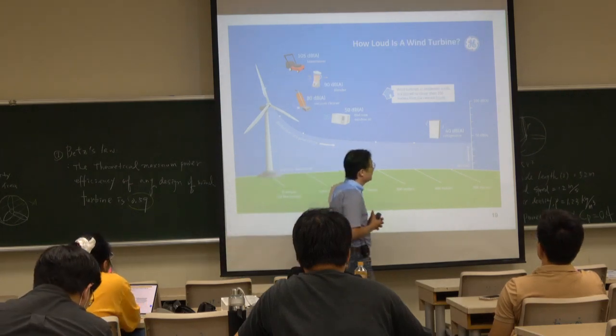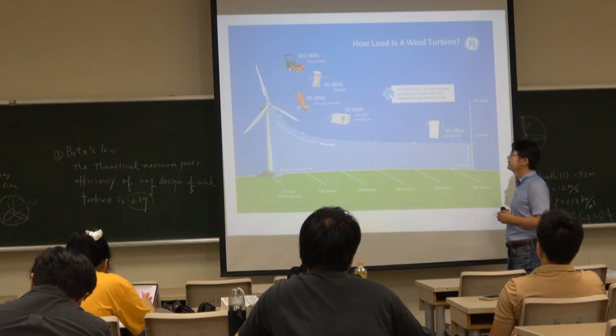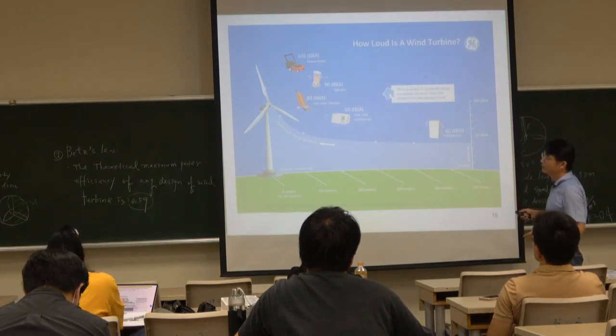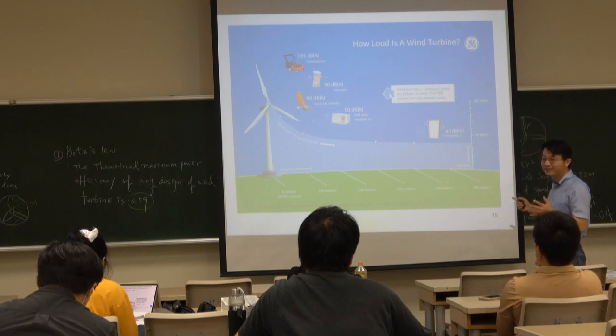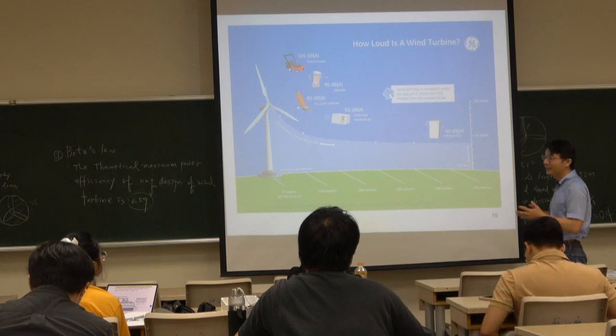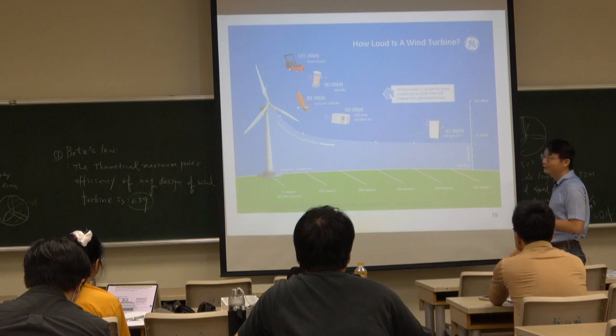the technology is quite well known and well established. Okay, it is not difficult, but the problem is the loudness. It is quite loud, noisy, right? So it will be very hard to construct the wind turbine in a residential area, right?